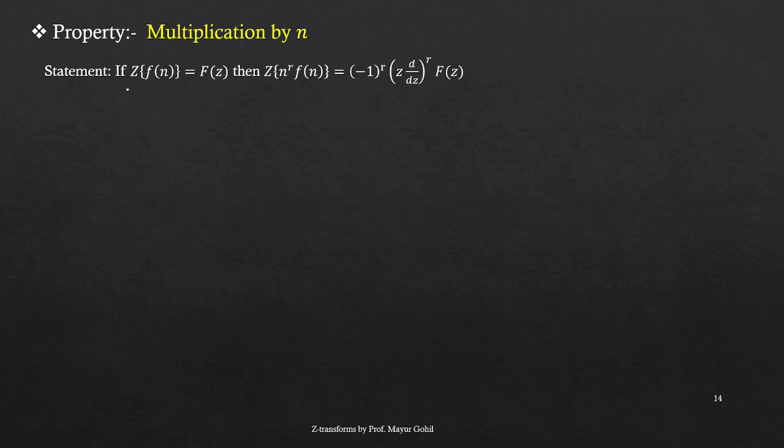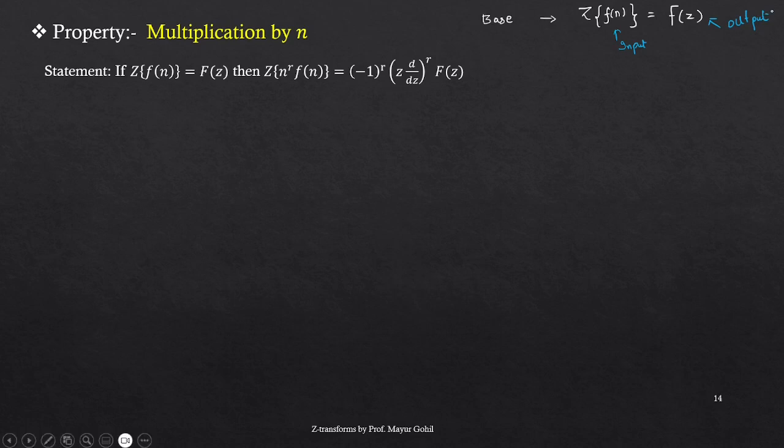Then you have this Z transform of the sequence f(n) denoted by capital F(z). This statement is the base statement, in which this is the input, and this one is the output.